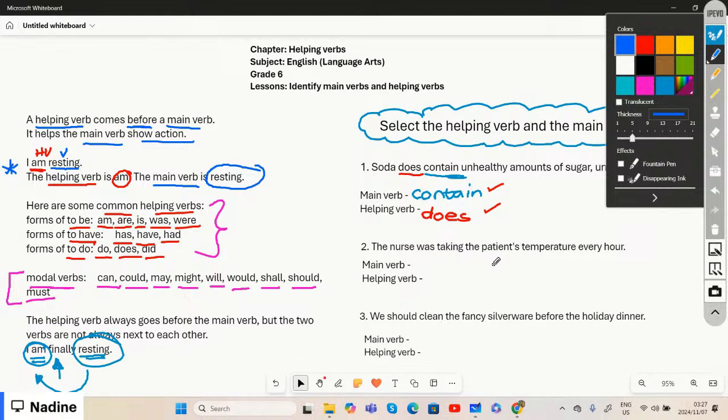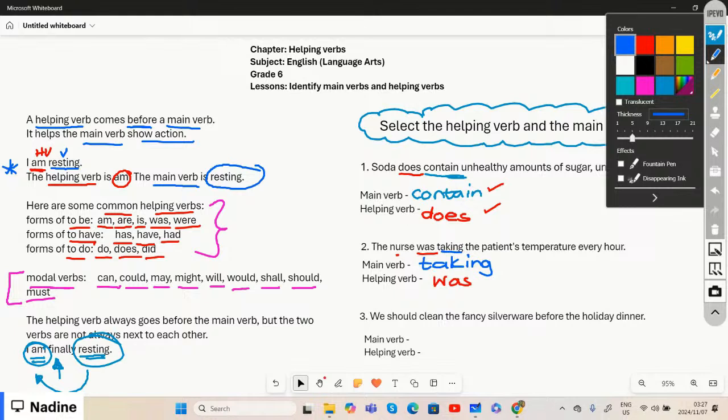If we were to select the main verb, then we can say our main verb is taking. And if we were to select our helping verb, then we can say it is was. So was is our helping verb and taking is our main verb.